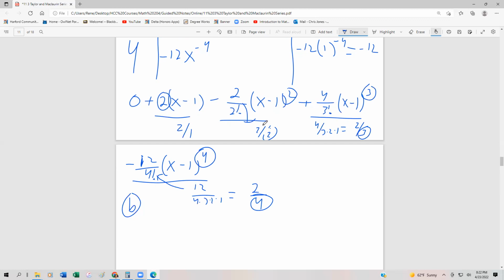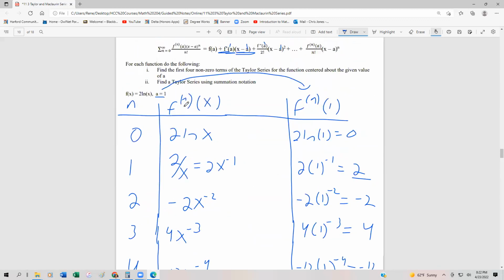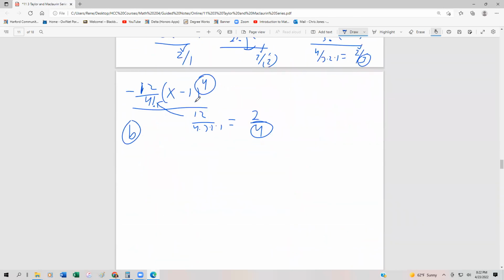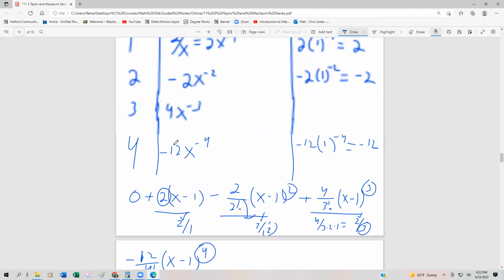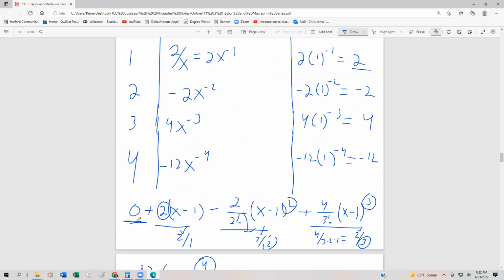And there's always going to be this other 2 in the numerator. That 2 is actually coming from right here because we had 2 ln of x. So if I were to go through and write a series for this, we would have the series of n equals 1 to infinity, because remember, the 0th term did not contribute, so we're not going to count that.